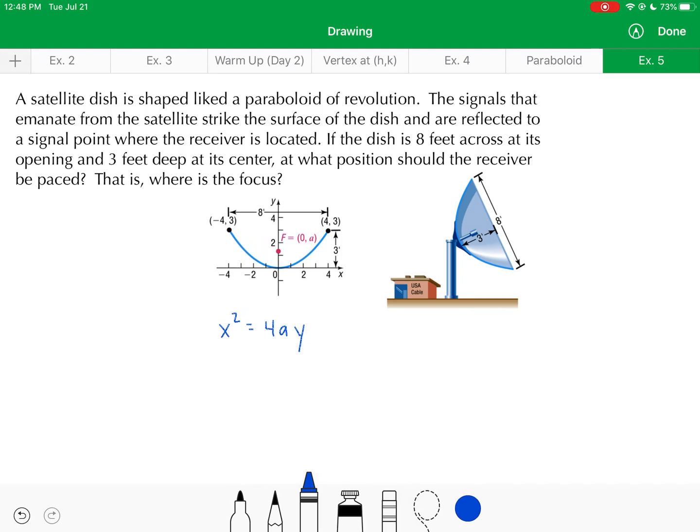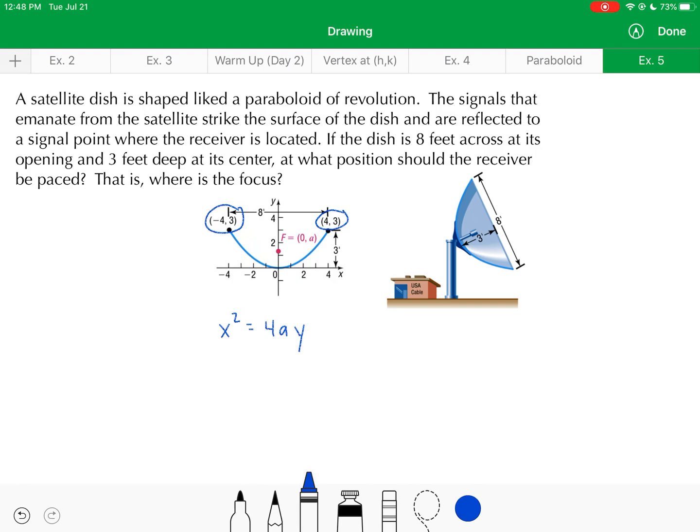All right? And ultimately, to know the positioning of the focus, I need to reason out my a value. That tells me I need to be able to plug something in for x and y in this equation. And that's where the points (4, 3) and (-4, 3) come into play.